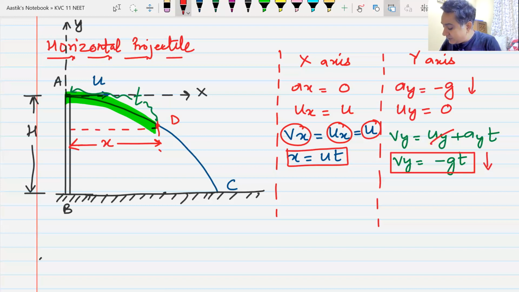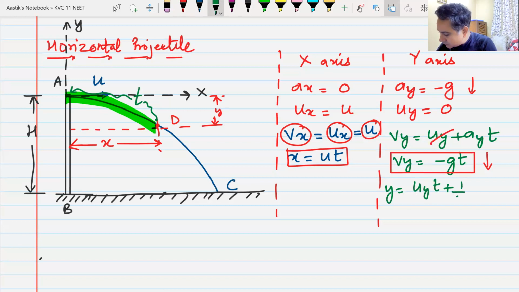At any point D, it will have some y coordinate. You can see this is the y coordinate, which is definitely negative. How do I find the value of this y coordinate? I write the equation uy into t plus half ay into t square. But we know that the initial velocity is 0, and acceleration is minus g.